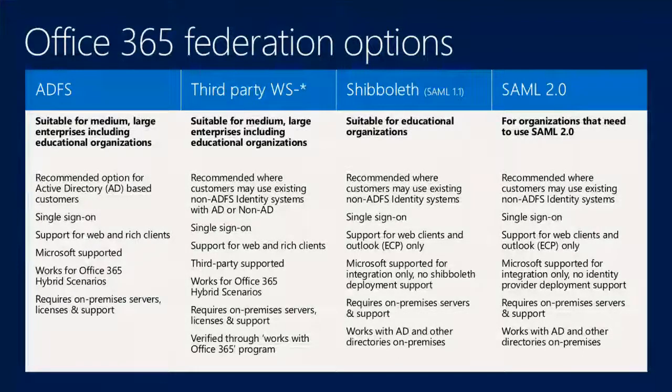Now, there's a downside with SAML 2. SAML 2 only supports passive auth. It doesn't support active auth. And this means that if you're using an identity provider that does SAML 2, it won't support the rich Office clients. So you can't use Lync, you can't use Outlook, you can't use Word and Excel.